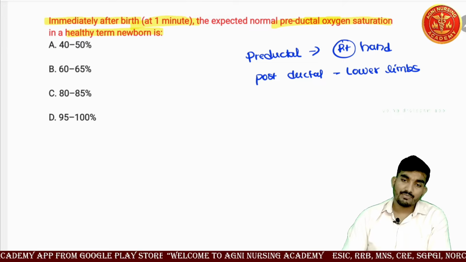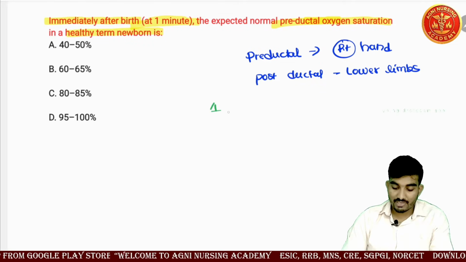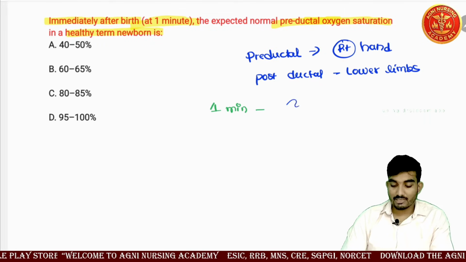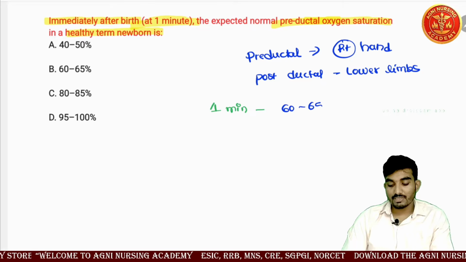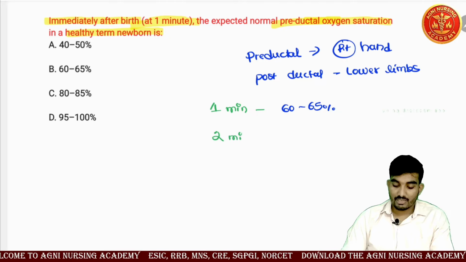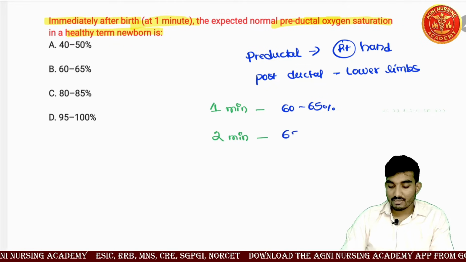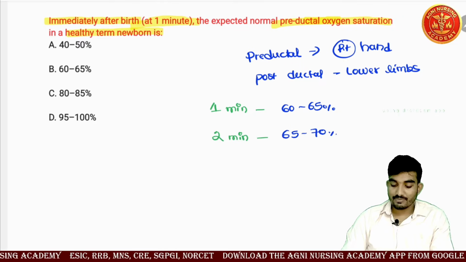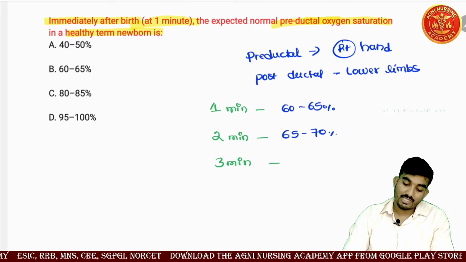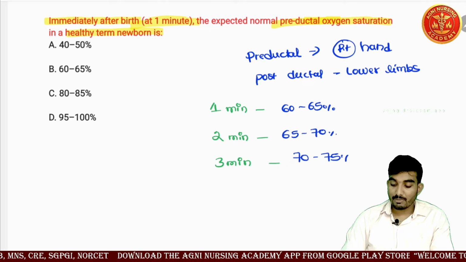Now we will see the saturation at 1 minute, how much it is just after the birth. At 1 minute, the saturation just after the birth is 60 to 65%. In 2 minutes, that one is 65 to 70%. In the 3rd minute, 70 to 75%.